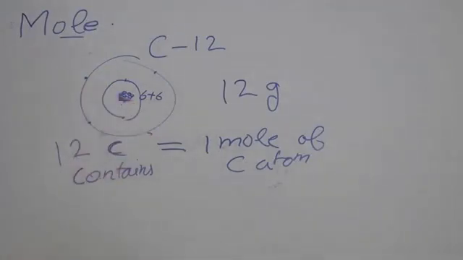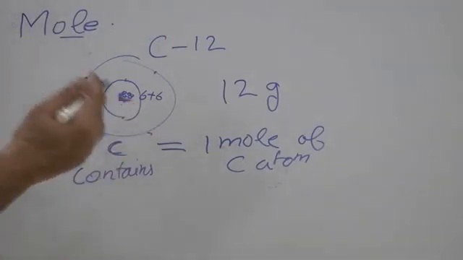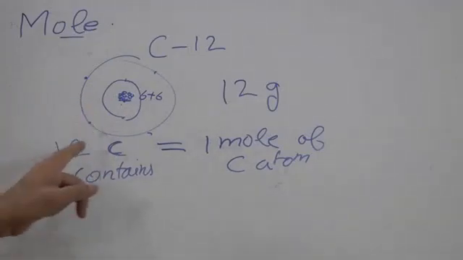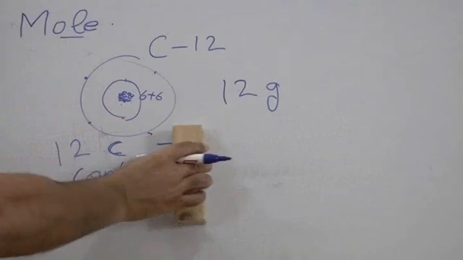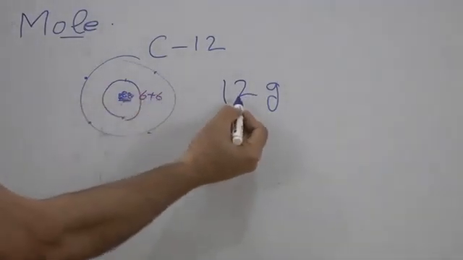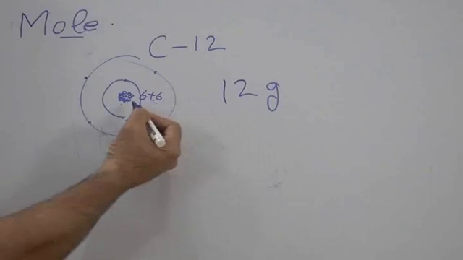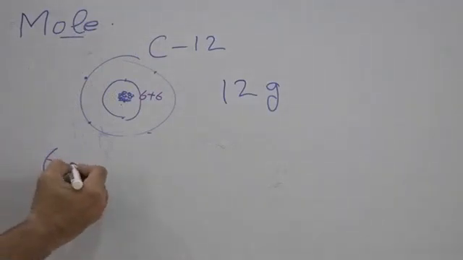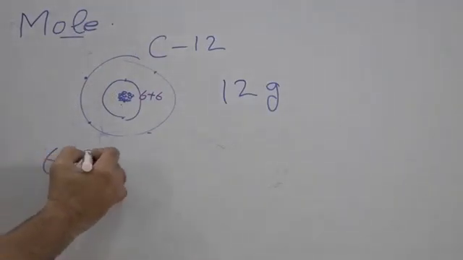That is why we always take the approximate number. And what number does 12 gram of this come out to be? That comes out to be 60.